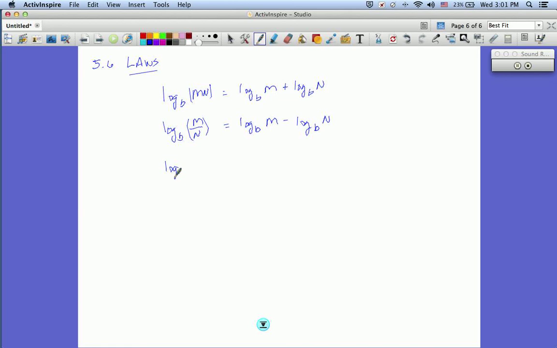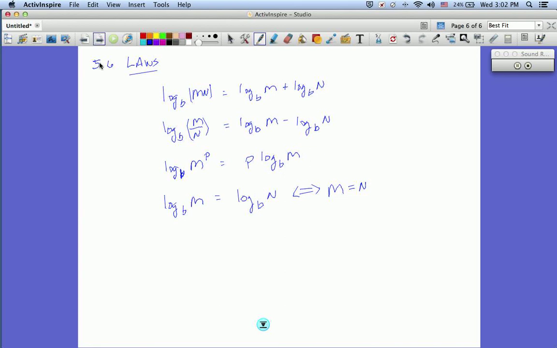And if you have a log base b of m to the p, remember that p can jump to the front and give you p times log base b of m. And then we have the typical, hopefully common sense one here. If all things equal, except for the letters here, that's going to imply then that m equals n, right? If log of something equals log of something, those somethings have to be the same things. All right, so there's our laws of logs. Again, gotta practice, gotta practice, gotta practice.